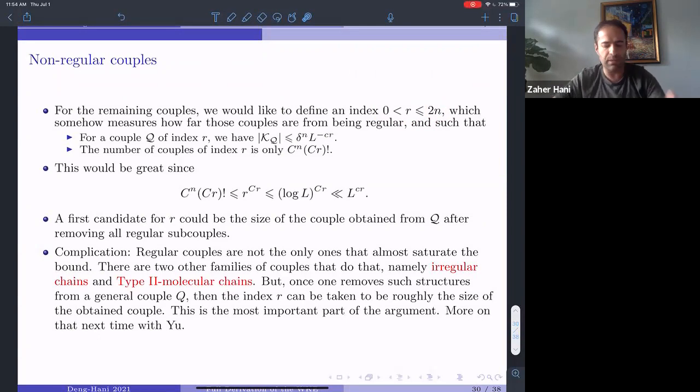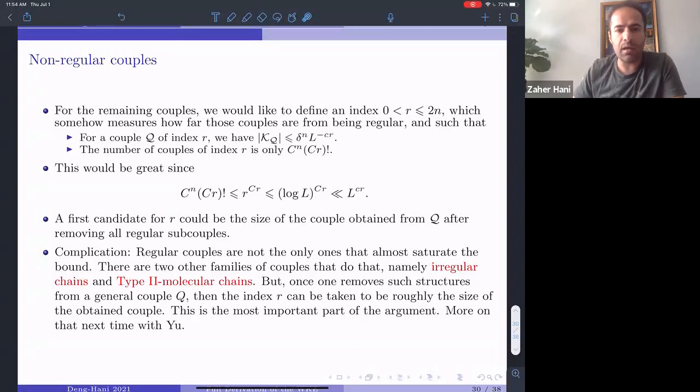So for a couple of index R, most importantly, we would like to show the following estimate. It's not bounded only by delta to the n, but you get a gain L to the minus CR, so the gain is comparable to the index of the couple.